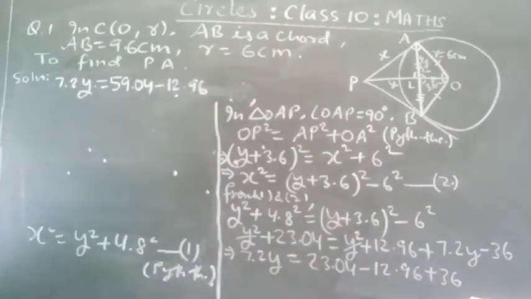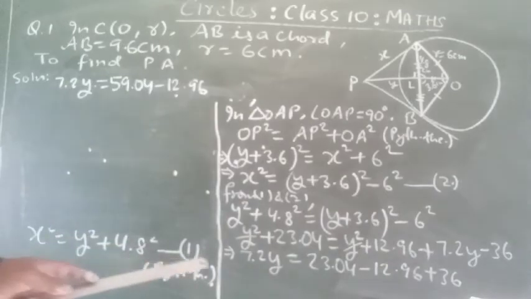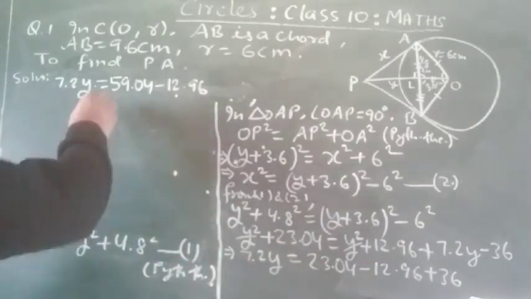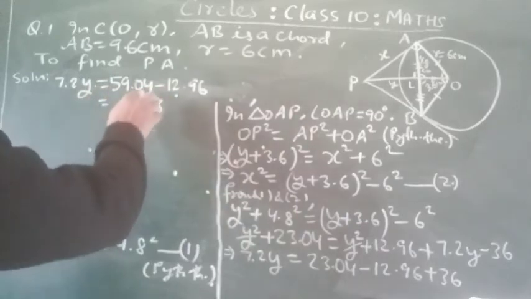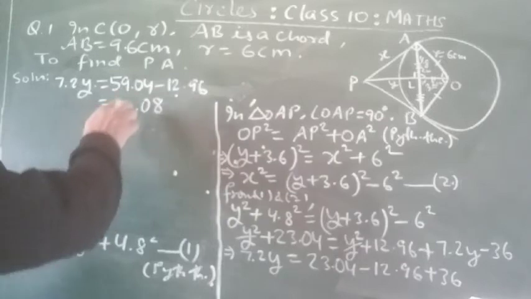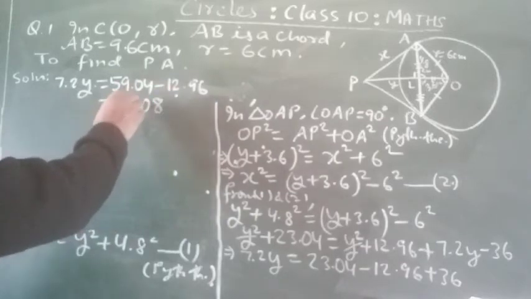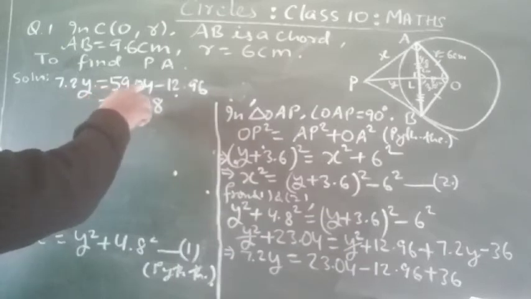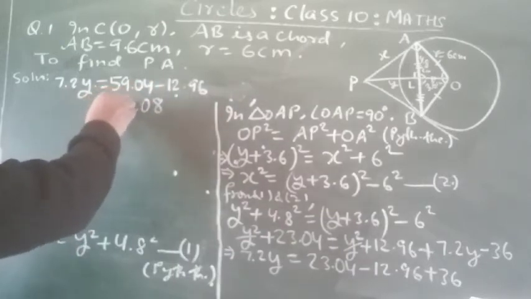Now subtracting. 14 minus 6, 8. And 9 minus 9 is 0. Point. 8 minus 2, 6. And 5 minus 1, 4.